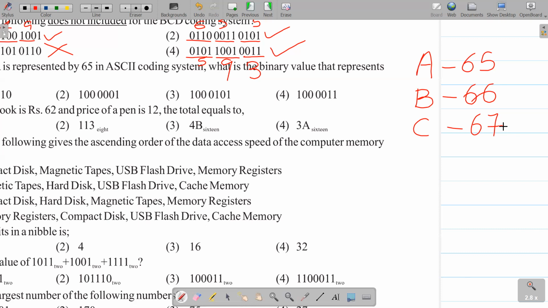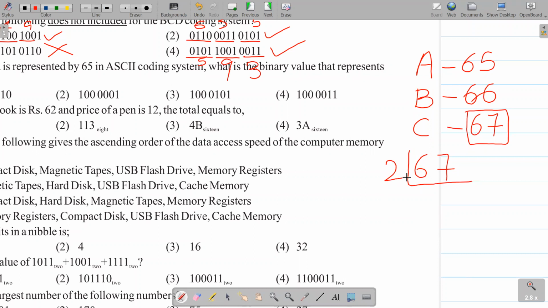The trick is: once you are given the data, you determine the decimal values of the other letters, and then convert them into binary. So now we determined C contains the value 67. Now we are going to see the binary representation of 67.